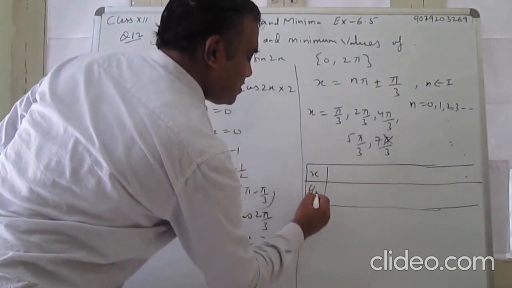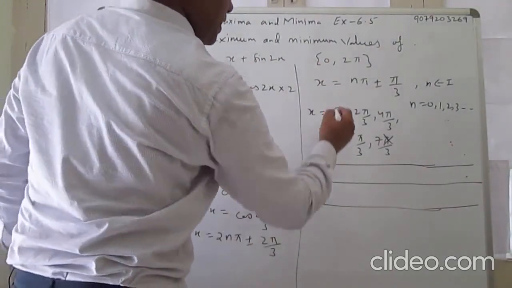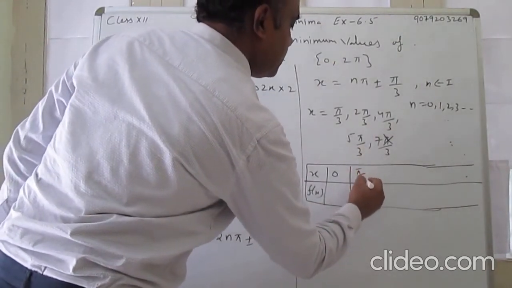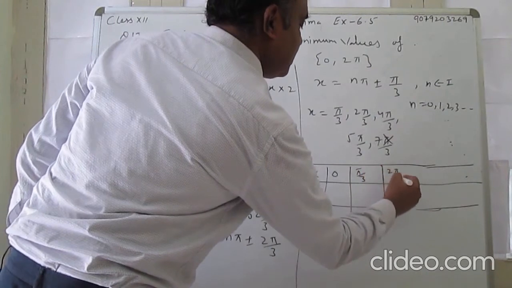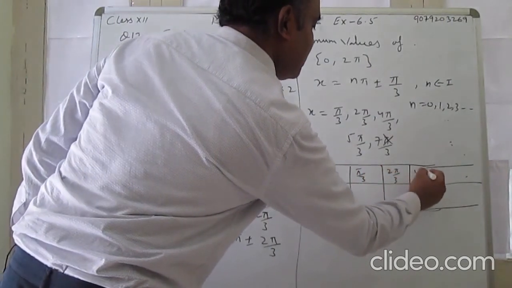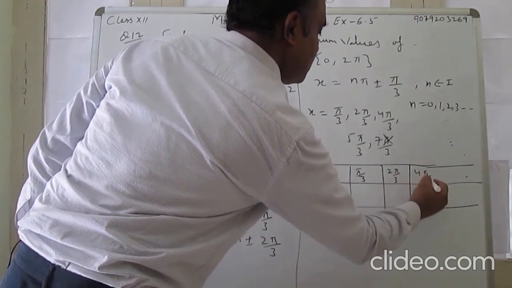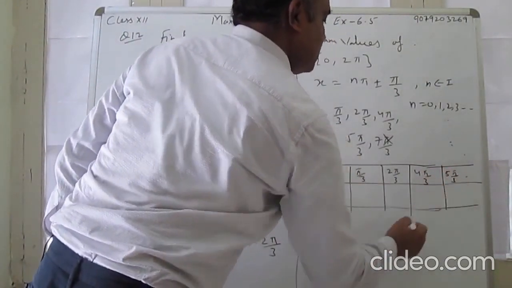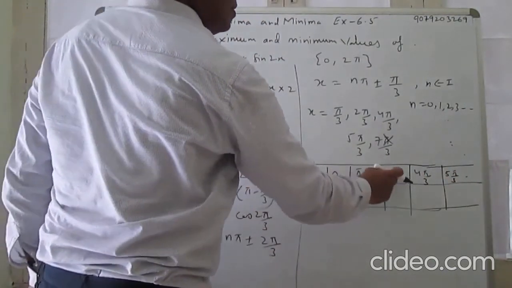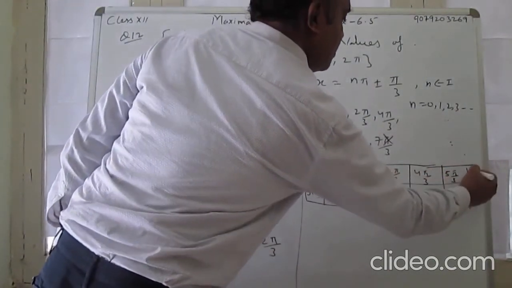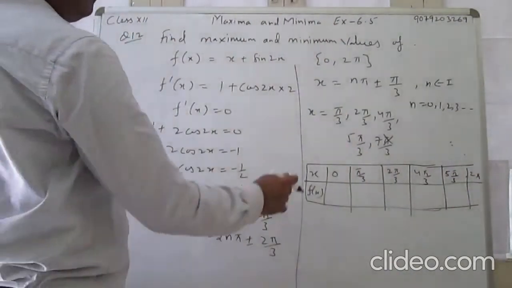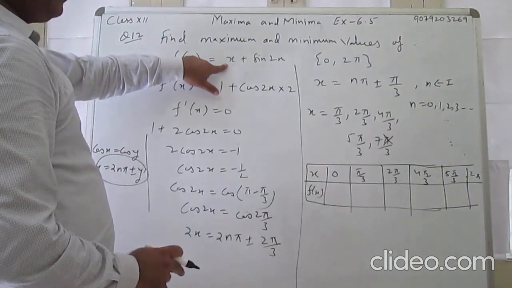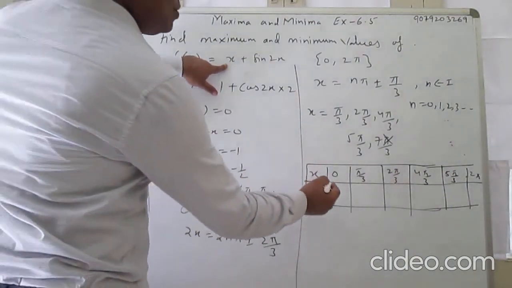x and f(x). The first point is 0, then π/3, 2π/3, 4π/3, 5π/3, and 2π. Now at x = 0, the value is 0.